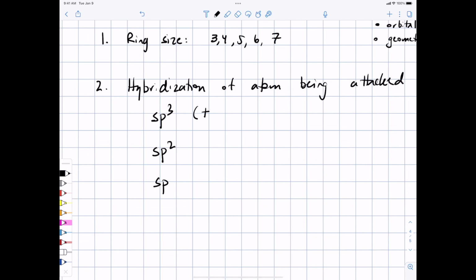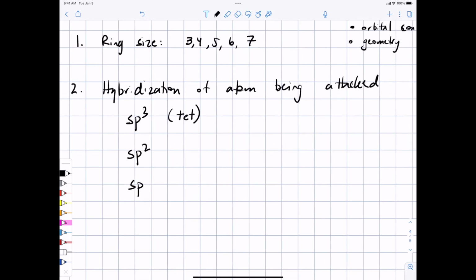Instead, if the atom that's being attacked is sp3 hybridized, we classify that as a tet situation, for tetrahedral. If it's sp2, we call it trig, for trigonal planar, and if it's sp, we call that dig, for, I don't know, diagonally or something. Probably di for 2, and then they kept the G from trig. I have no idea. Diagonal planar, is that?